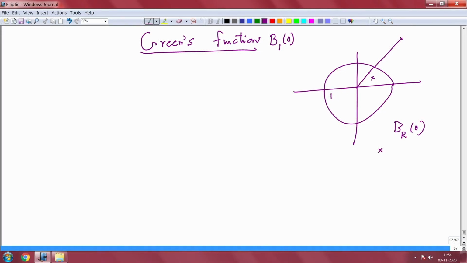If x is in B R 0, then you have a point x tilde, which we call x by mod x square. This is outside, and it is called the inversion point.